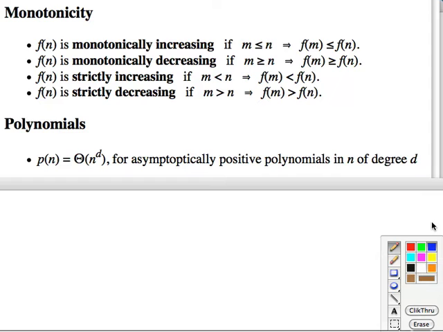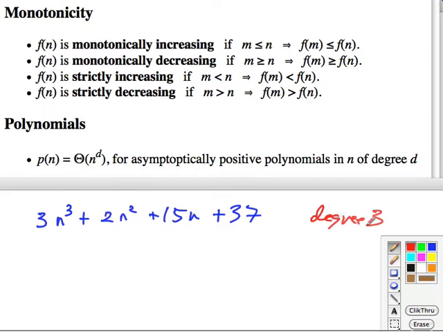Okay, now let's look at polynomials. We know what polynomials are. For example, 3n cubed plus 2n squared plus 15n plus 37 is a polynomial. And we say this polynomial is of degree 3 because the largest exponent on the variable that we're writing the polynomial in is 3.